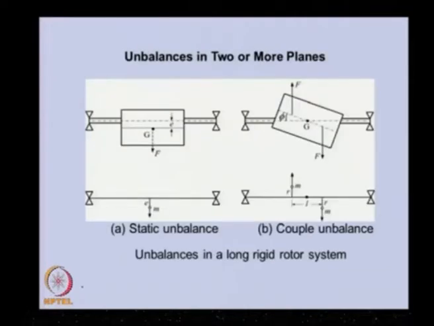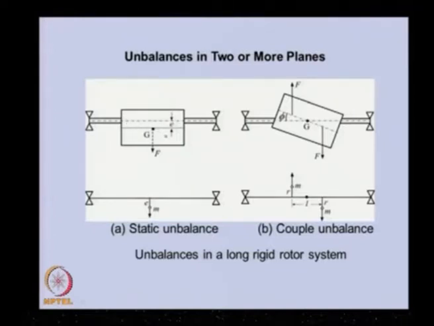In two plane balancing, there is a long rotor on a flexible shaft. In this case, the long rotor is offset in the transverse direction such that the eccentricity is parallel and constant throughout.